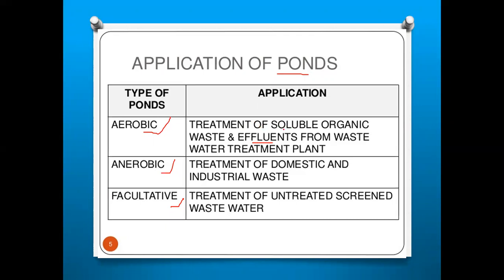Coming to the anaerobic process, treatment of domestic and industrial waste. So anaerobic ponds are used in domestic and industrial applications, whereas aerobic ponds are used for organic waste and effluent of the wastewater treatment plant. Next, the third one, the facultative treatment pond.